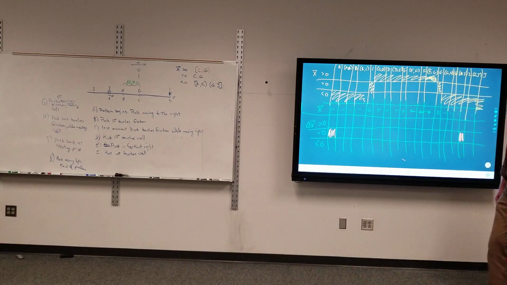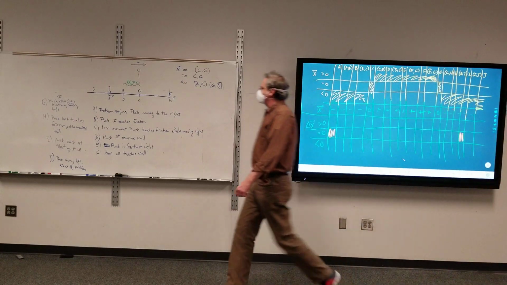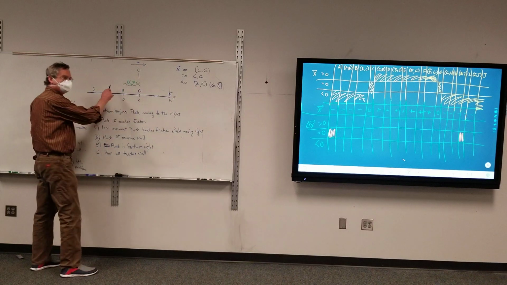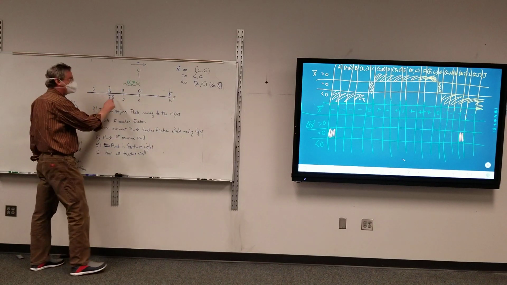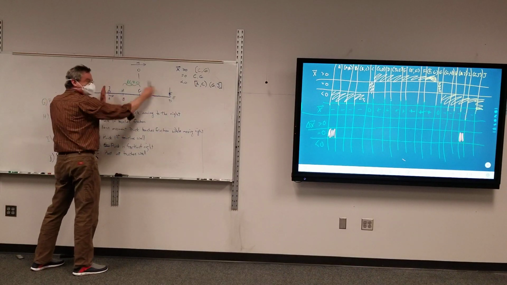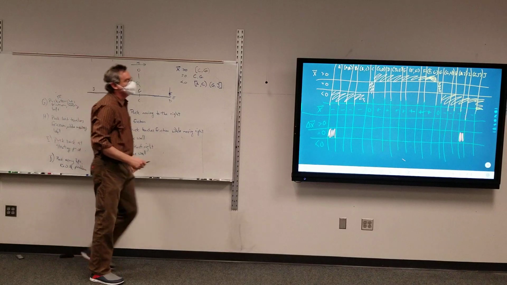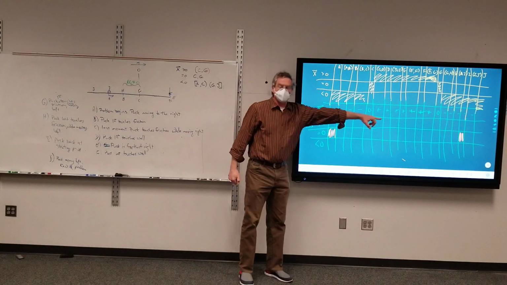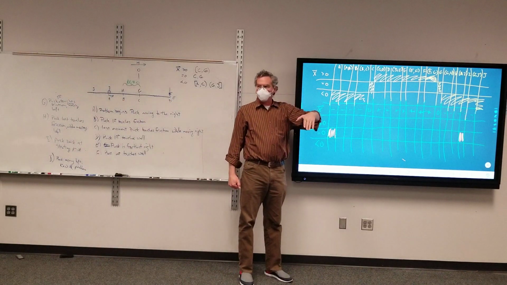So where is it positive? From A to E, not including A. Well, I know I'm zero there, and I can't go from positive to negative without going through zero.